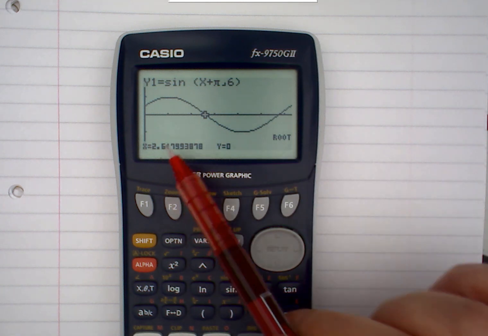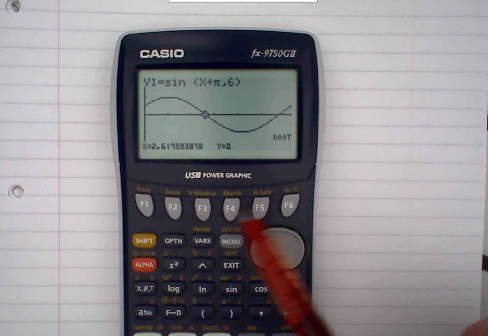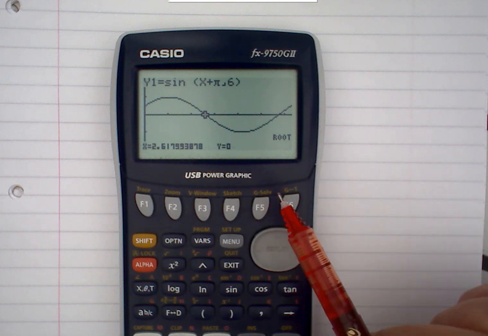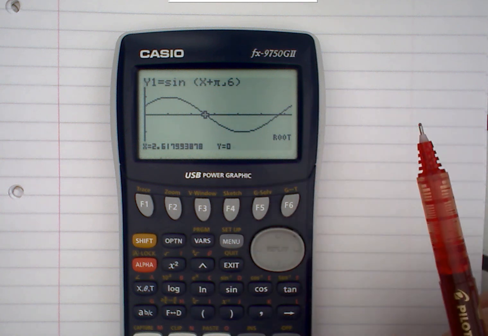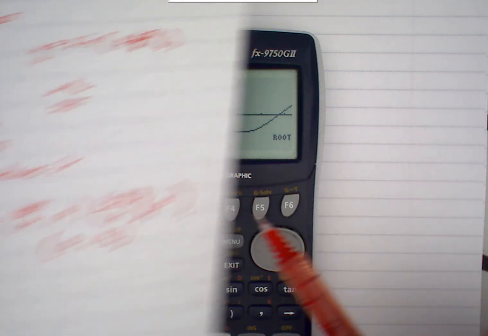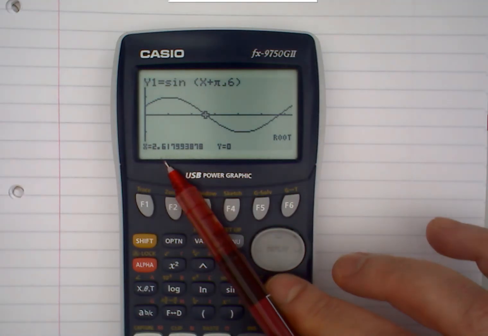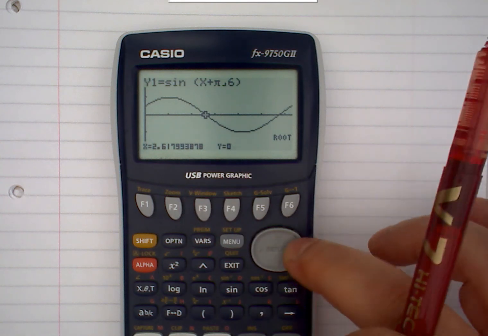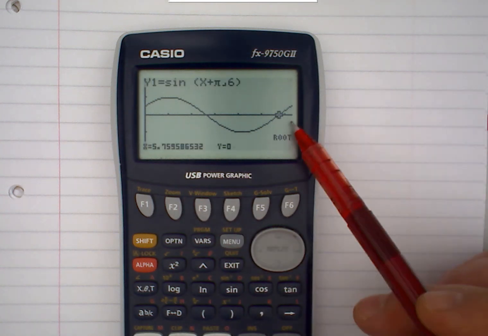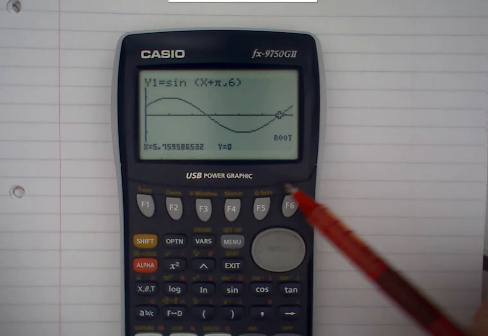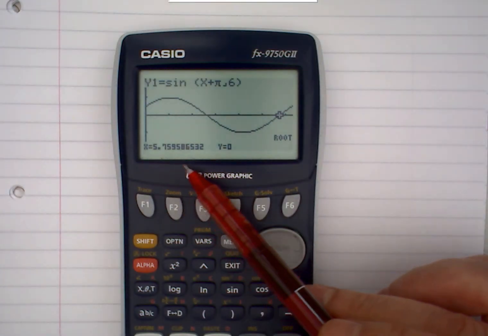Unfortunately, that's the reason they asked us for the exact solutions, because they didn't want us to use our graphics calculator. But we can still check. If you put 5 pi over 6 into your calculator, you will get that number. And if I go to the other root here, and I put 11 pi over 6 in here, I do in fact get 5.7.